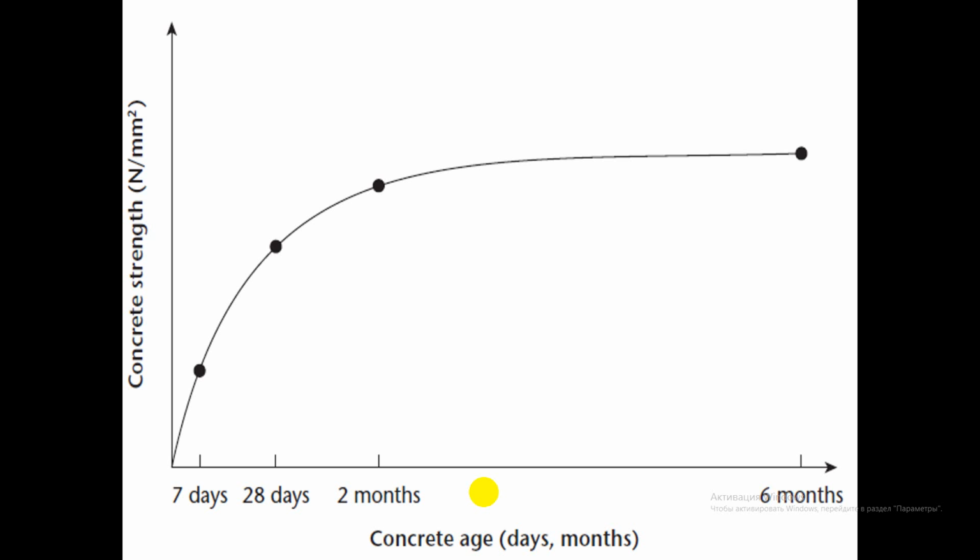The curing compound is designed to degrade after 6 or 8 weeks. The figure indicates the strength gain of a typical concrete. The precise relationship depends on many factors, including the type of cement used and the environmental condition at the time of and immediately after manufacture of the concrete.